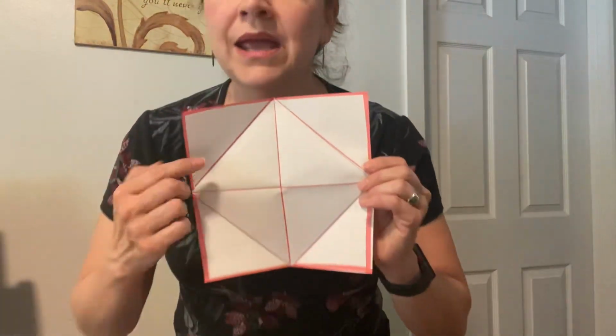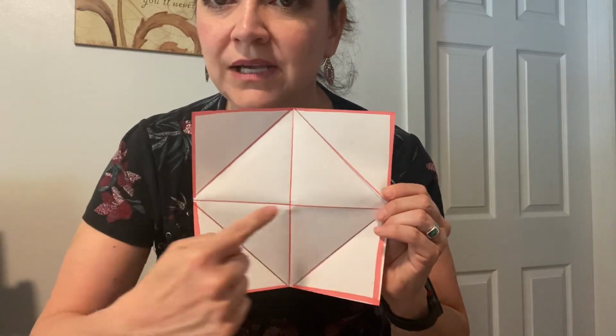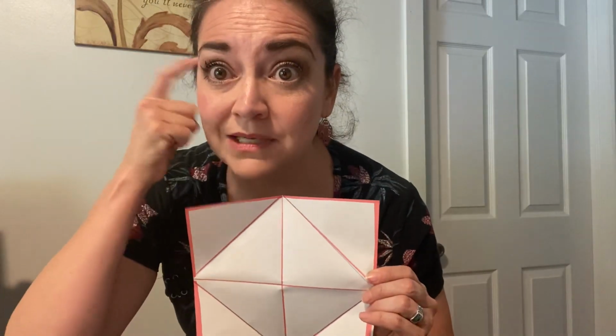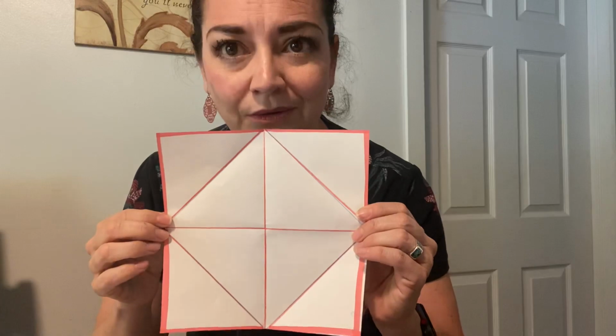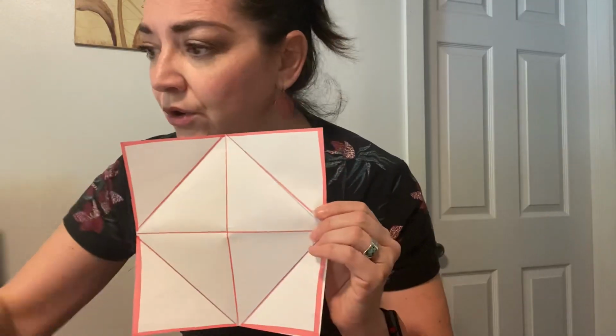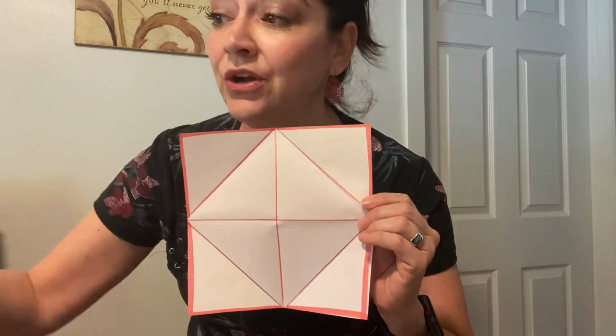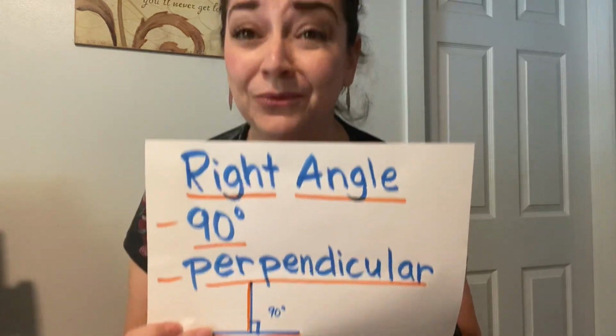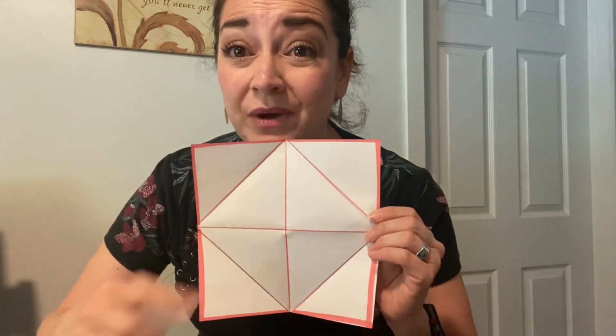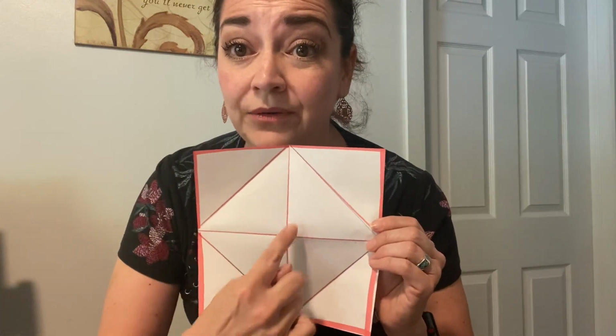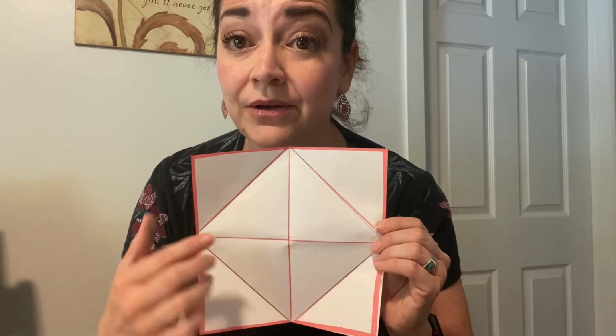When I look in the middle here at these intersecting lines, I'm telling myself those look perpendicular to me. Straight up, straight across. And I know that perpendicular lines make right angles. So I've got a right angle there, a right angle there, a right angle there, and a right angle there.